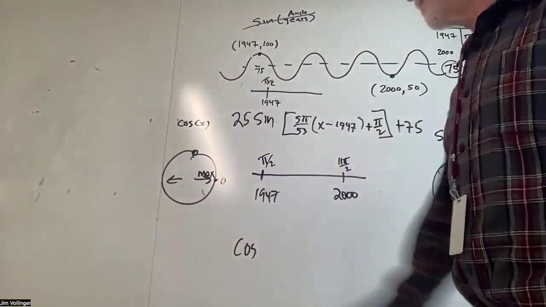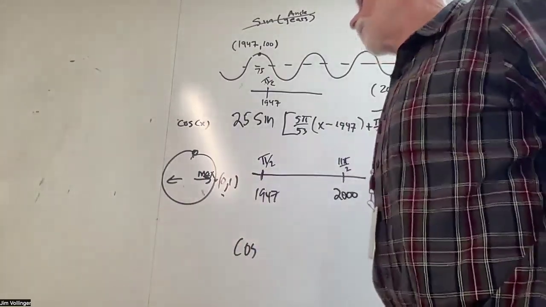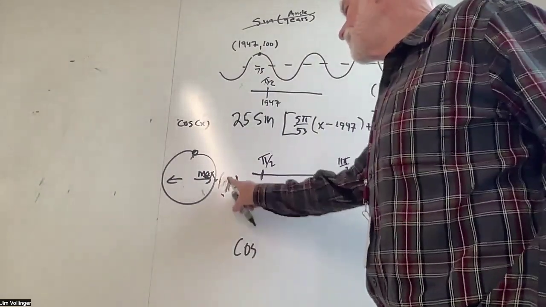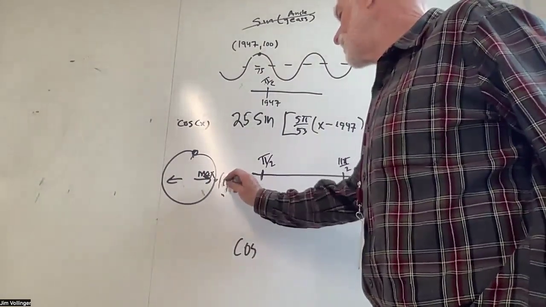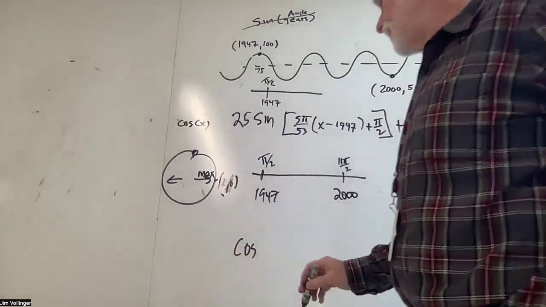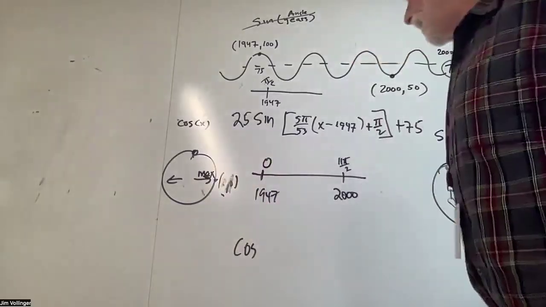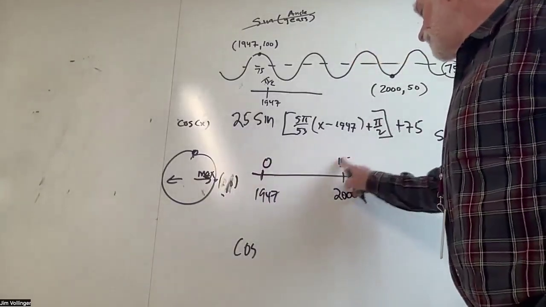All right, that's our maximum width of 1. So 0, 1 is that coordinate, or 1, 0 is that coordinate, excuse me. All right, cosine's width. So I want 1947 to act not like pi over 2 now, but to act like 0. And I'm still going to go up 5 pi.